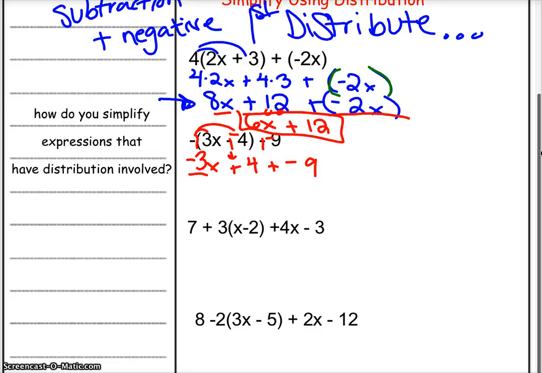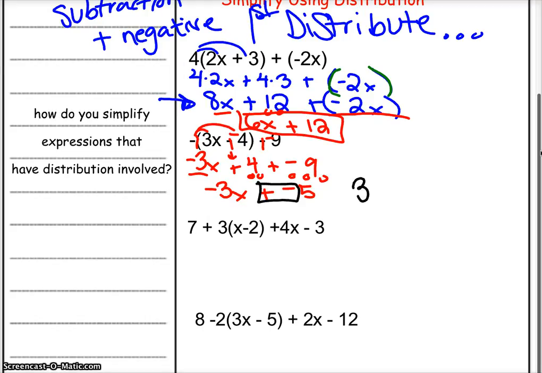Okay, negative 3x, I can't combine with anything, so I just leave it. 4 plus a negative 9 is negative 5. And then we rewrite. I rewrite because I don't like these two signs there.